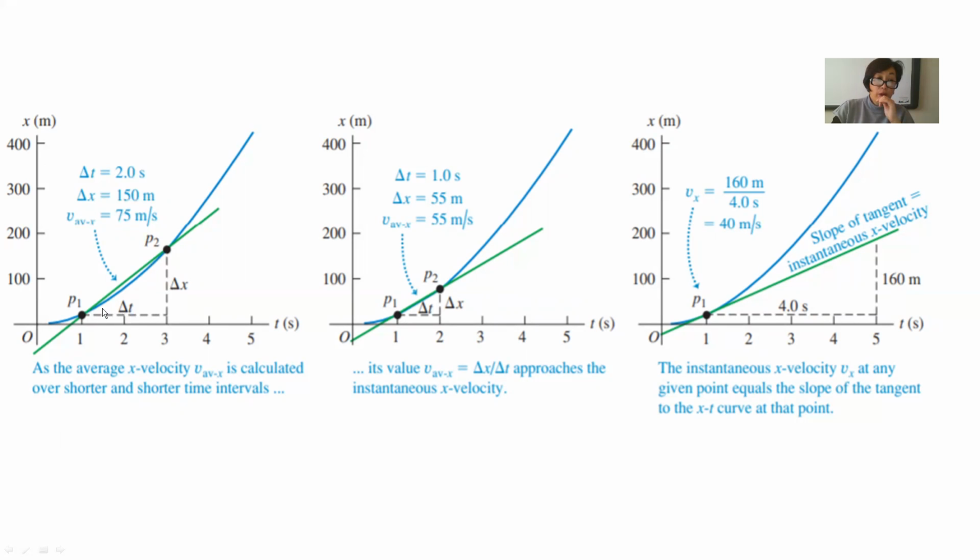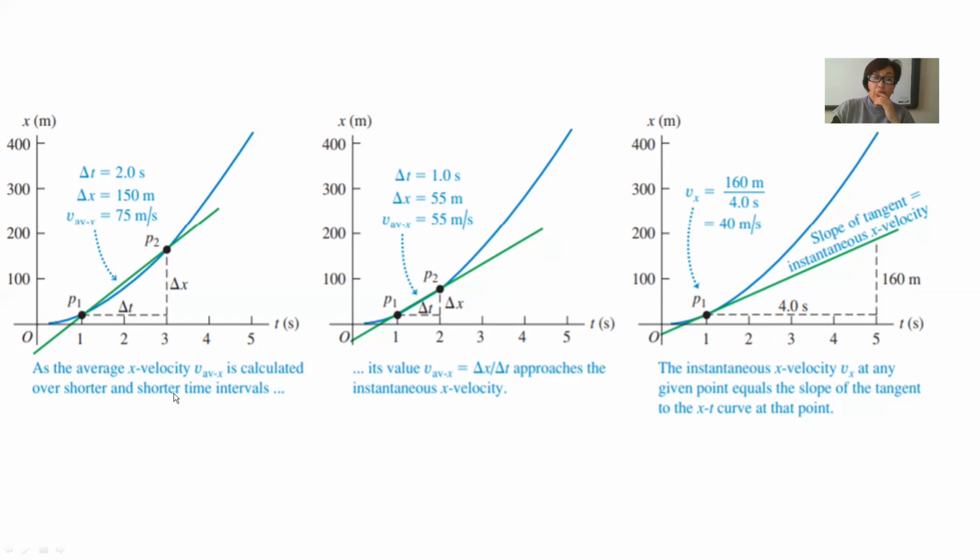Delta t is 2 seconds. Calculating, the average velocity equals 75 meters divided by second. Here the slope equals the average velocity, 75 meters divided by second.